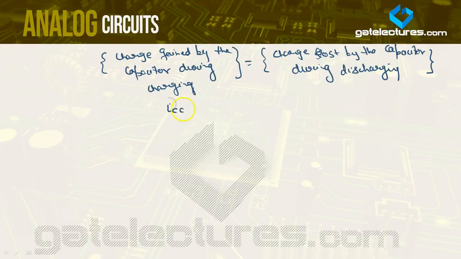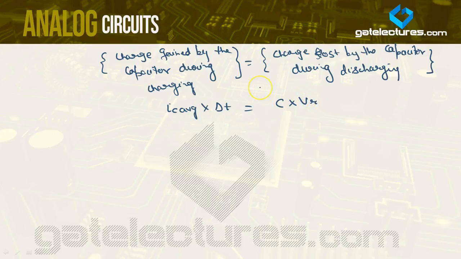It should be equal to IC average into delta T, because in the delta T interval the capacitor is charging. During discharging it should be equal to C into VR, because it is losing charge corresponding to the decrease in the voltage across it of VR.